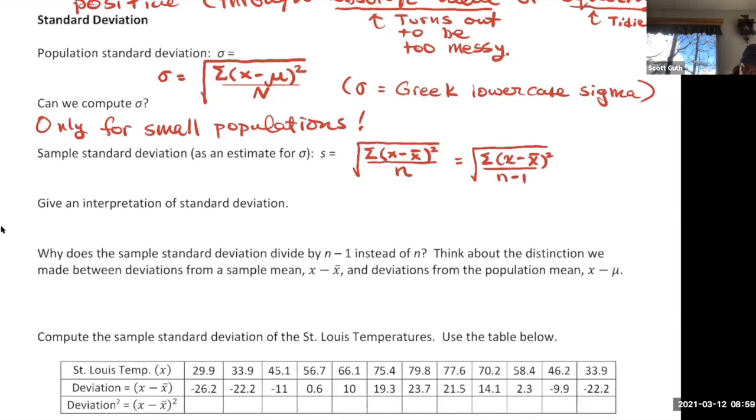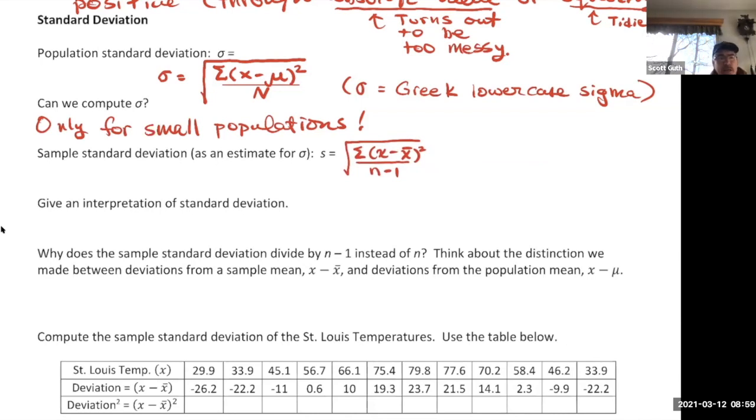So let me delete that other formula because that's not the one that we use in the end. We use the one with the sample size minus 1. Okay, so that's the closest we can get to an unbiased standard deviation.